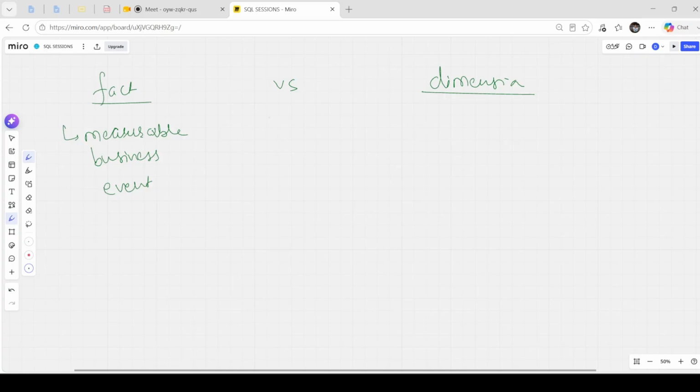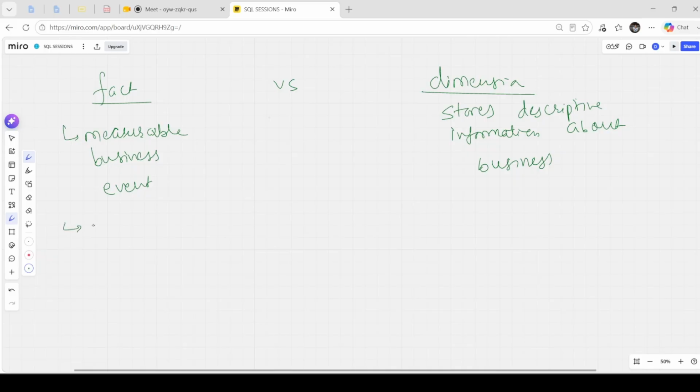I'll talk about that. And dimension tables are the ones that store descriptive information about the business. Okay, now let's compare it with the ones that we had in our database, right? So what tables are called fact tables?